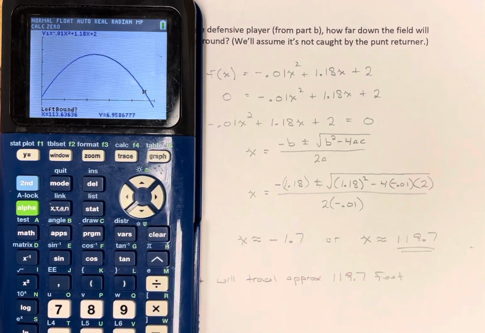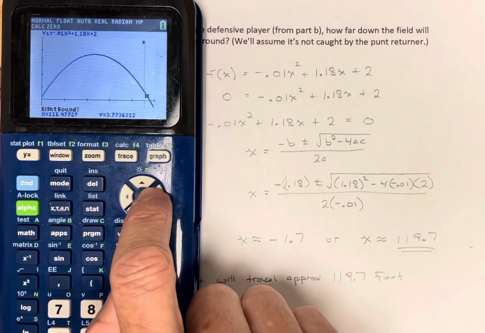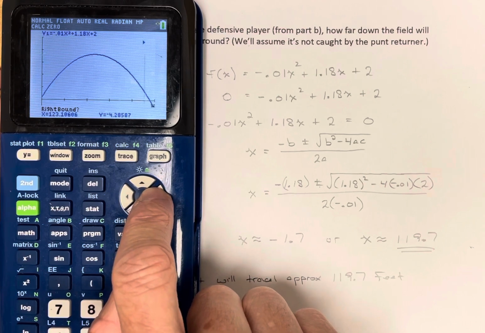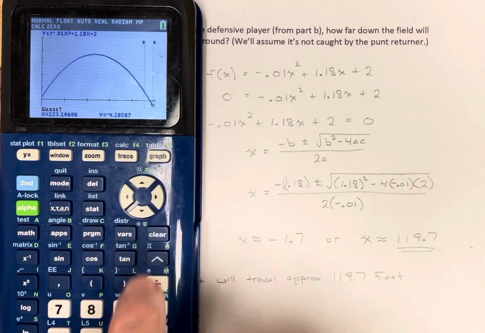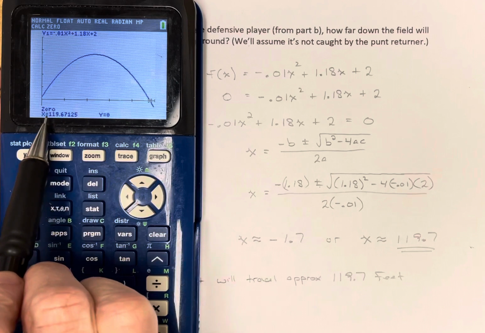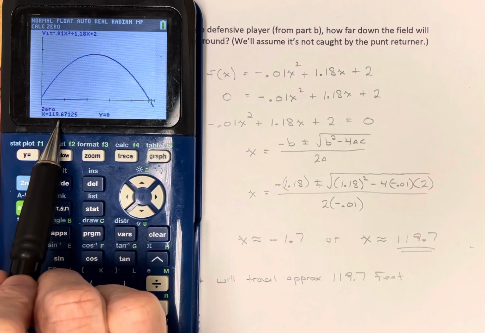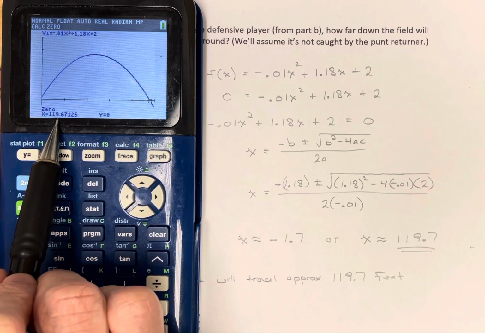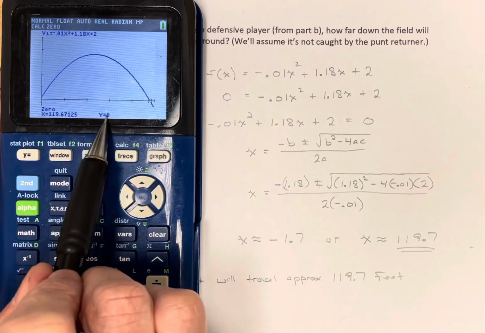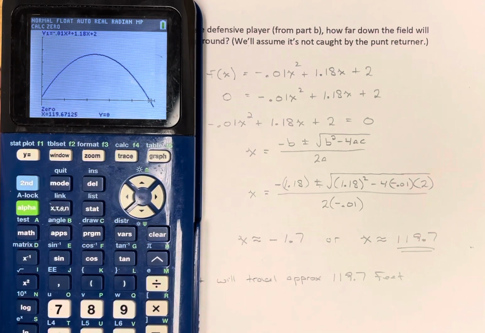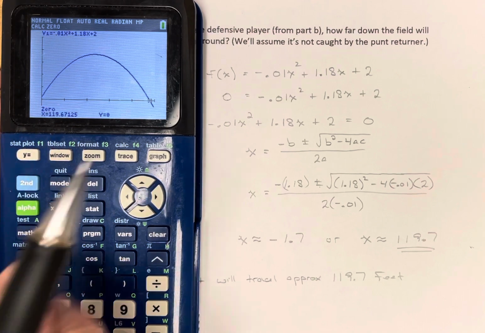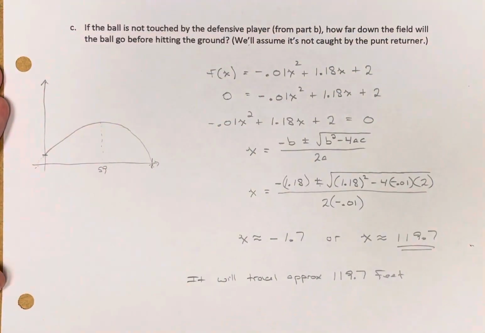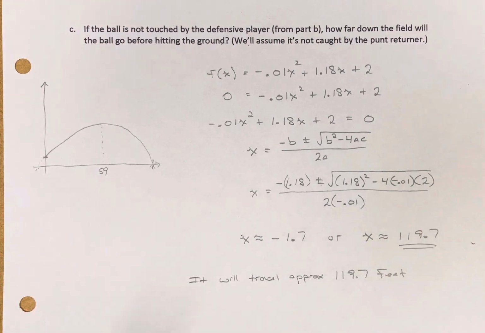So there's a right bound. And now I need to go a bit below the ground, so to speak, and there's a left bound, and give me a guess. 119.67125 feet, which I rounded to 119.7. So there's the ground at 0, and there's your zero of 119.7 feet. So there you have it, an example of how we use these things in real life.